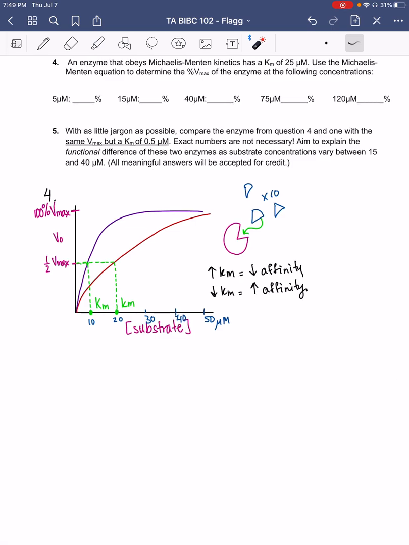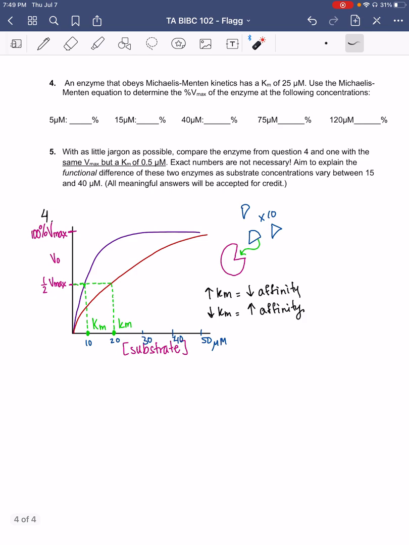Okay? So, we went a little too deep with these kinetics, but basically this is Michaelis-Menten kinetics. Let's get back to question 4, because that is why we drew all of this, to explain what's about to happen in question 4.